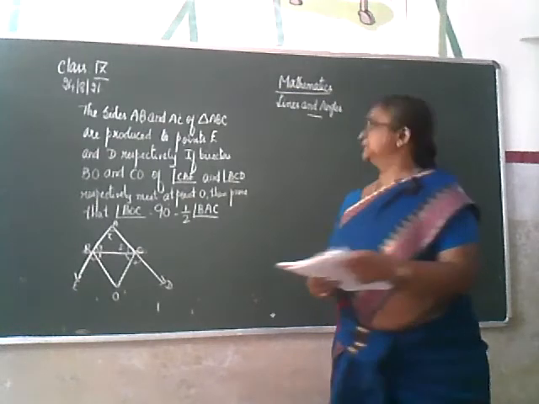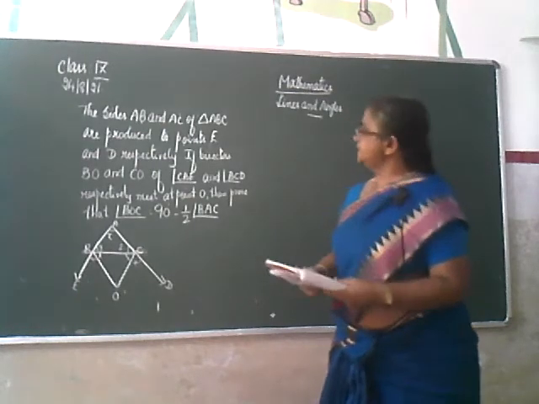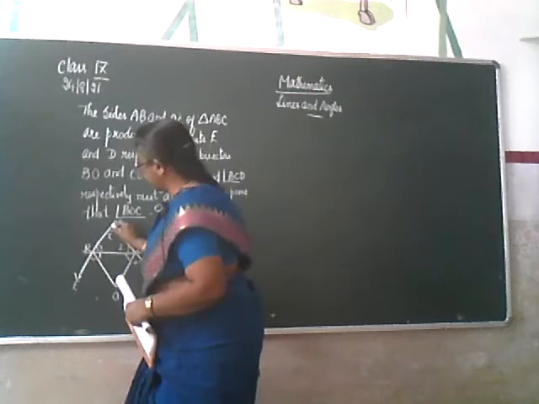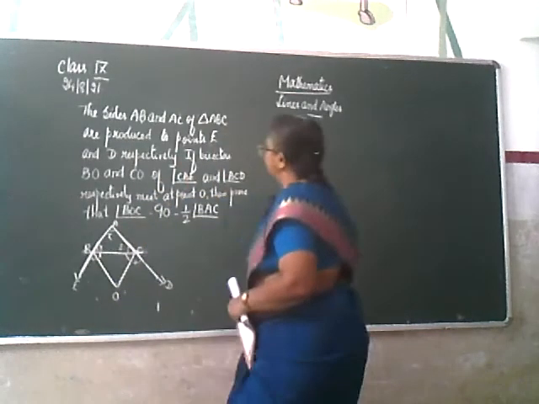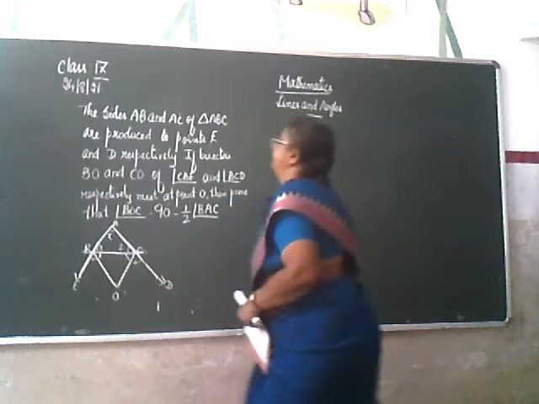In lines and angles, here it is given the sides AB and AC are produced to E and D respectively.